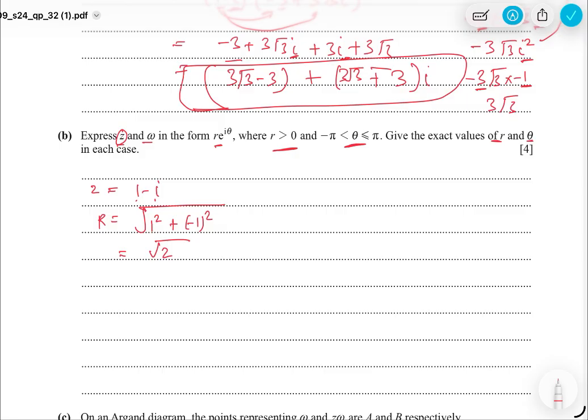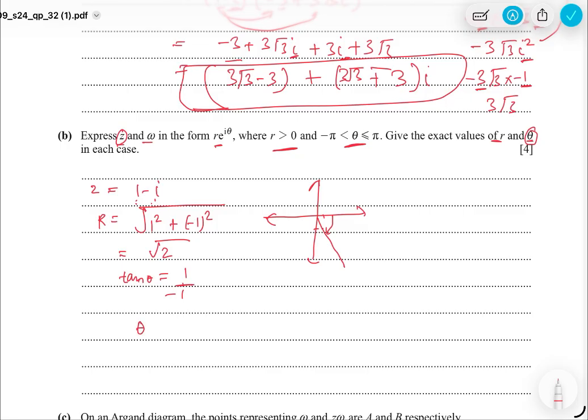Agreed? Now about theta. First of all, plot these points. So these points 1 and negative 1. So 1 and negative 1 are coming here. So we have to find this angle. Yes or no? Think with me. So it is simpler. So we have tan theta equals to 1 upon negative 1.